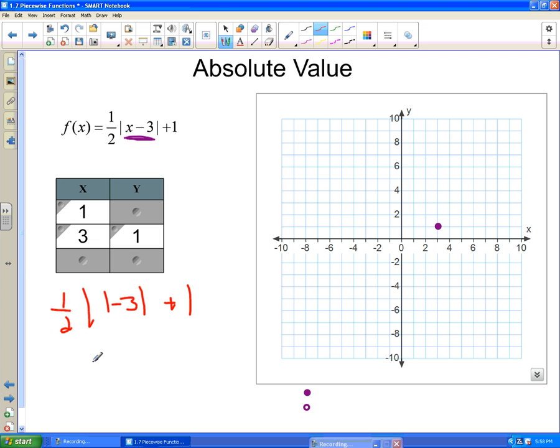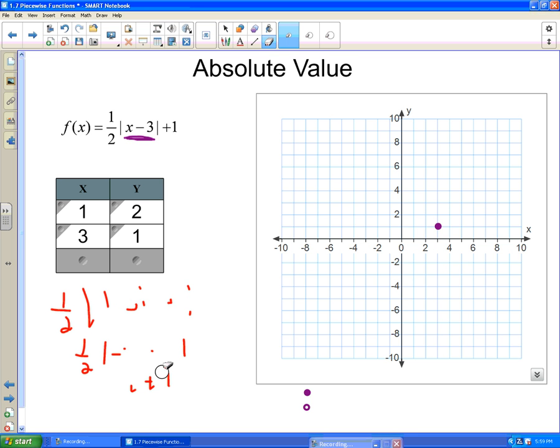So I look here, I've got 1/2, and I've got the absolute value of a negative 2 plus 1. So half of 2 is 1, so I've got 1 plus 1, so I should get a 2 to come out. So when I'm picking something to plug in here, I want to make it so that it's divisible by 2 to make the math a whole lot easier. That's why I chose what I chose.